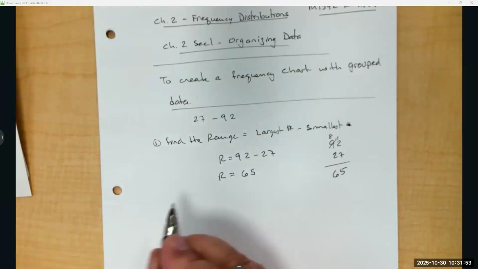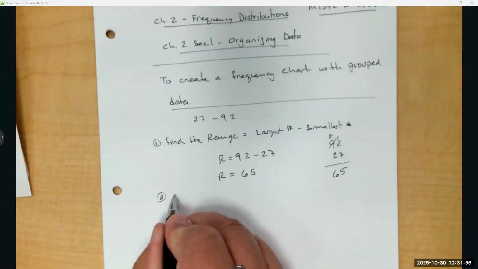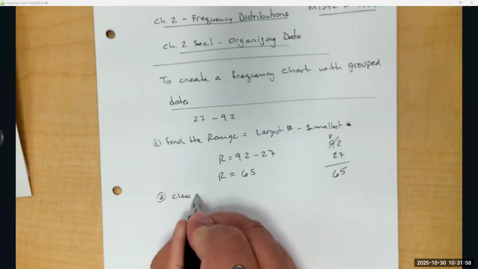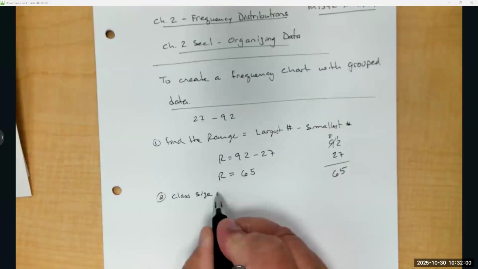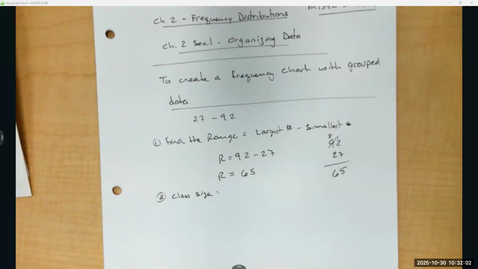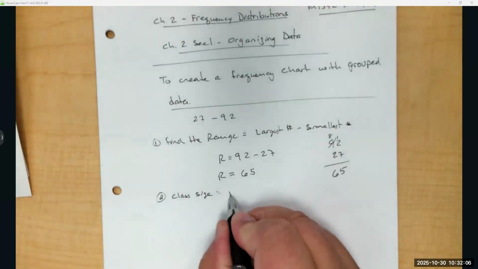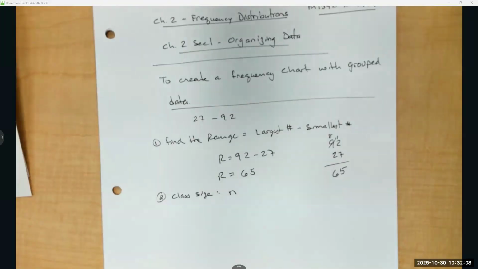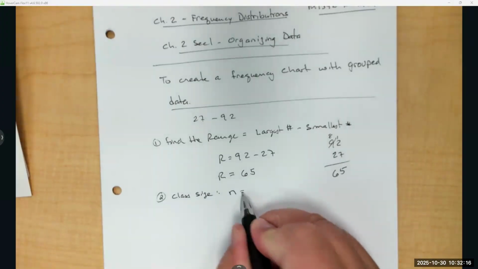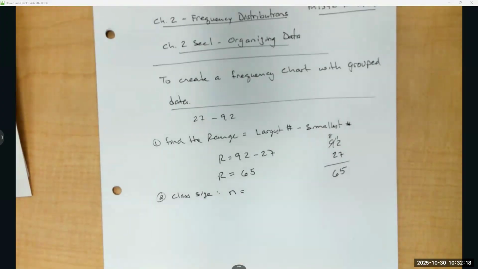Okay. The next thing we do, determine class size. The class size is n. This is where you have freedom of choice.